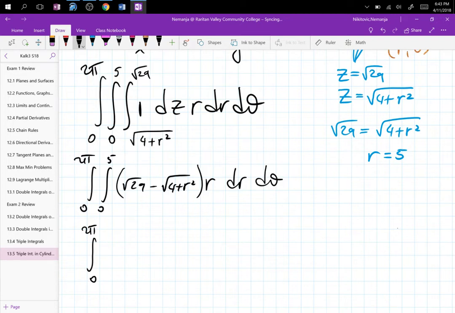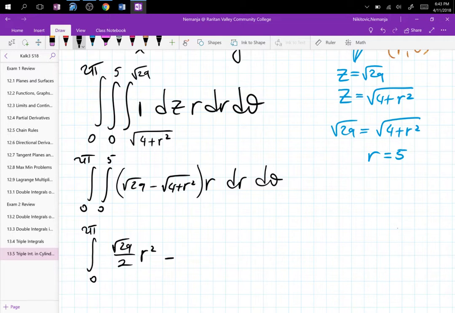So the integral of root 29 r is root 29 over 2 r squared. Minus, and the second one is, exactly, u-sub.